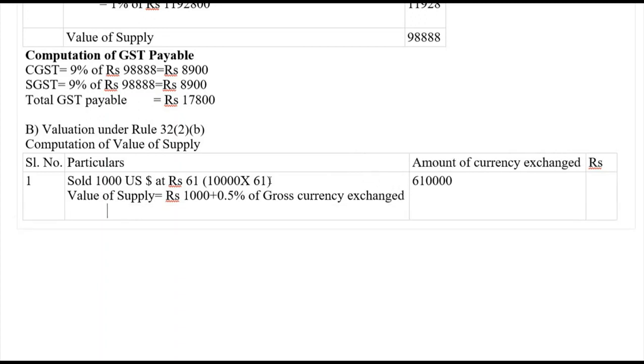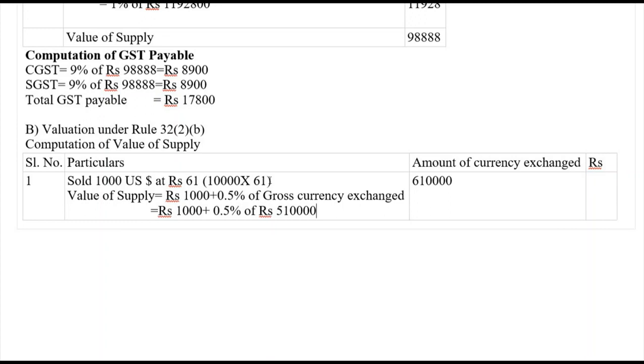So when we substitute the values, we get rupees 1,000 plus 0.5% of rupees 5,10,000. Why have I taken 5,10,000?